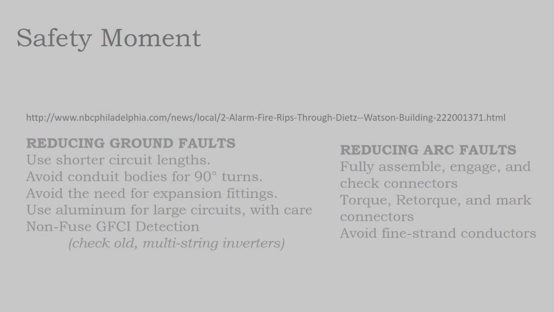It's not just about fireman safety, but having smaller subarray sections reduces thermal expansion. On top of that, your wind loading: if you stay off the edges of your rooftop, your solar array has less wind loading. And so structurally, it's better to stick to the interior of your roof.